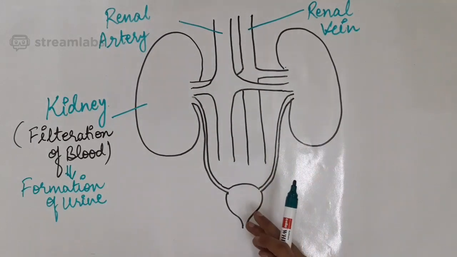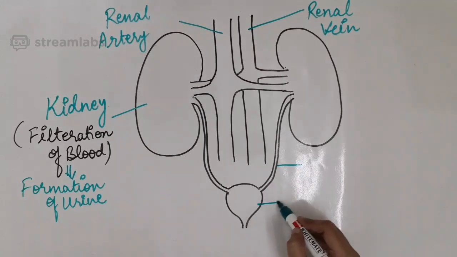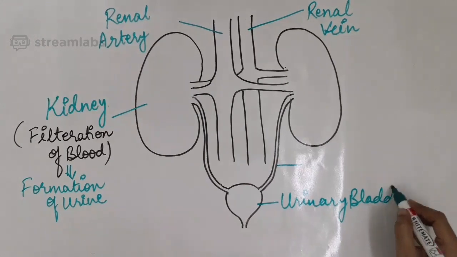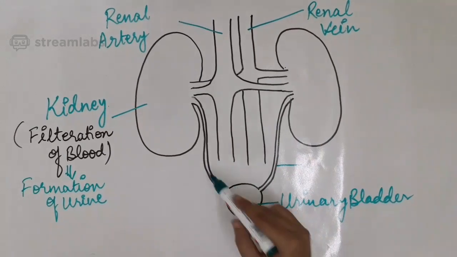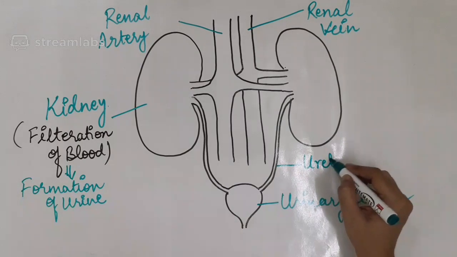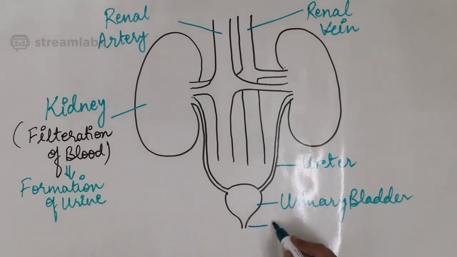The urine which is formed after the filtration goes into the urinary bladder through the tube-like structures. A pair of tube-like structures are present. These are called as the ureter. Okay. And the urinary bladder stores the urine for a certain period of time unless it is urinated outside the body through the urethra.